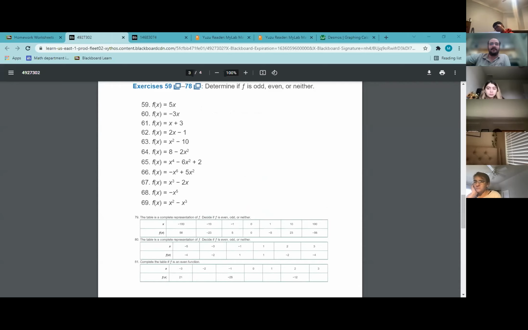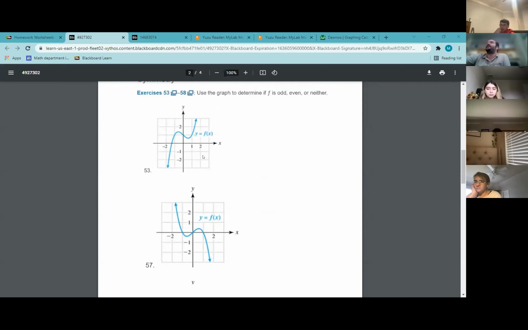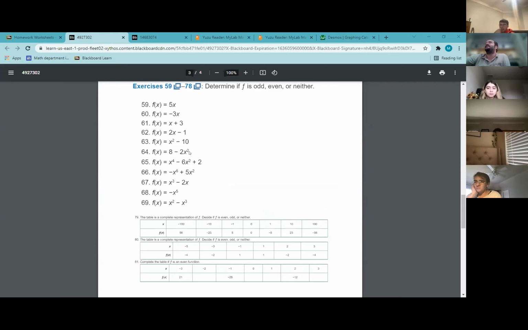We have graphically here, we have symbolically here, and then they call these tables numerically. So we have to know what even and odd functions look like, basically 3 different ways.